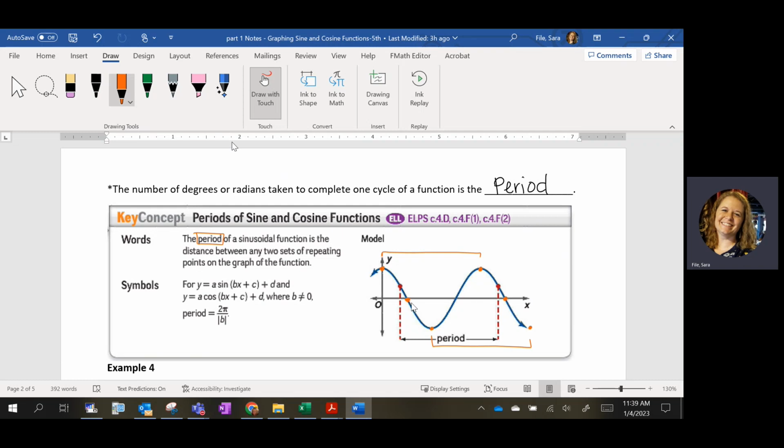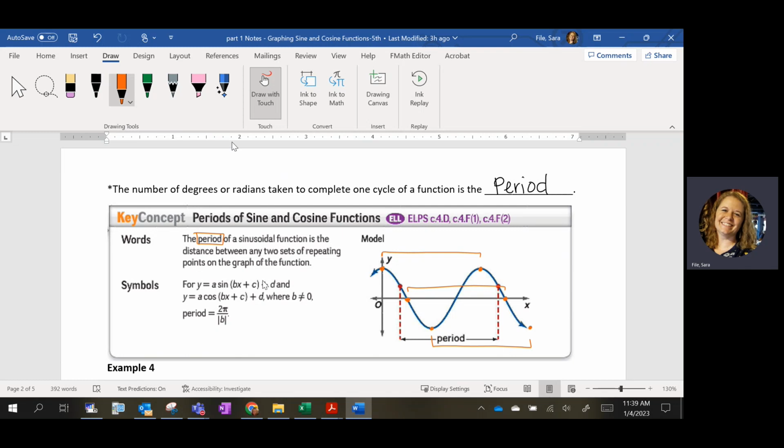See how it was going down here? It's going down here. So that distance there. Okay, so we're going to use maximums or minimums or midline points to measure our period, but it doesn't matter which ones you use. The period's going to be the same no matter where you measure it.